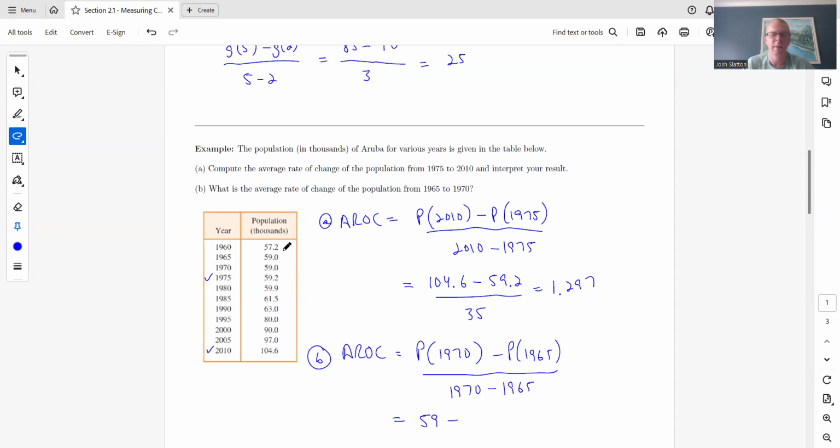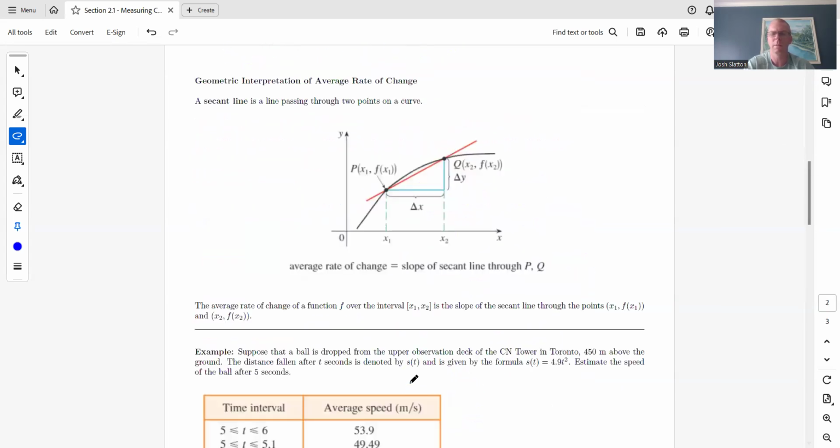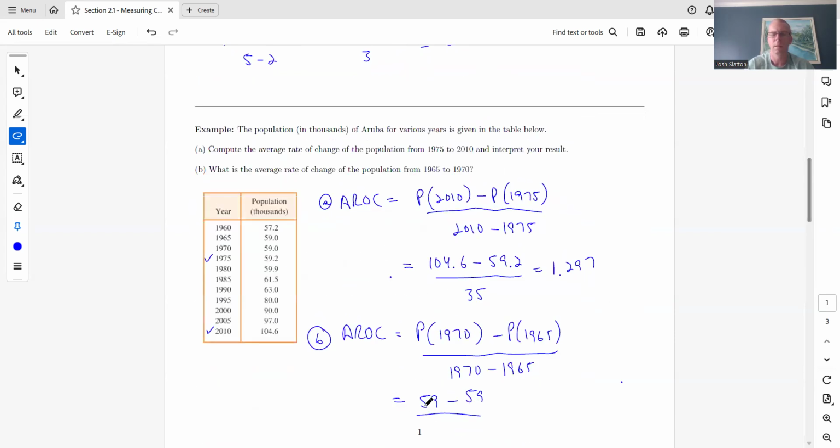In 1965, it was also 59. And then over 5, and of course that's going to be 0. So the population was constant on that interval. All right, so we'll stop here and come back on the next one and finish.